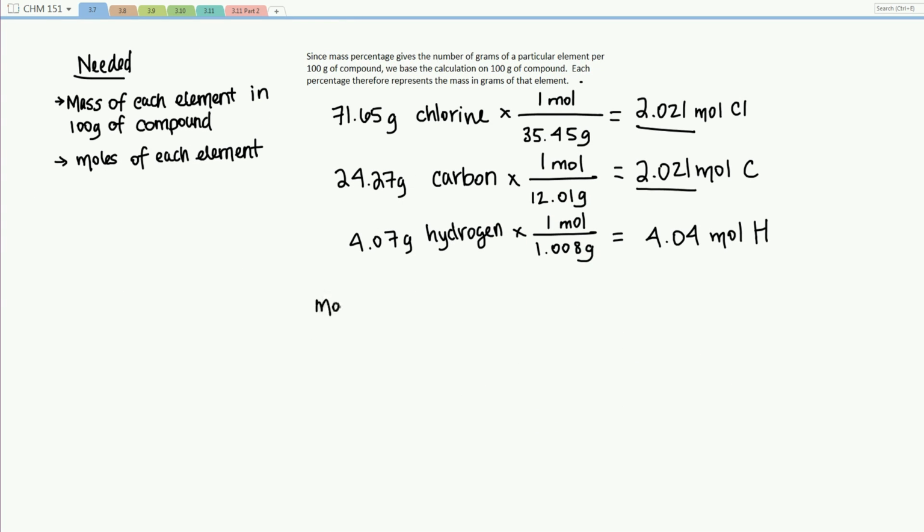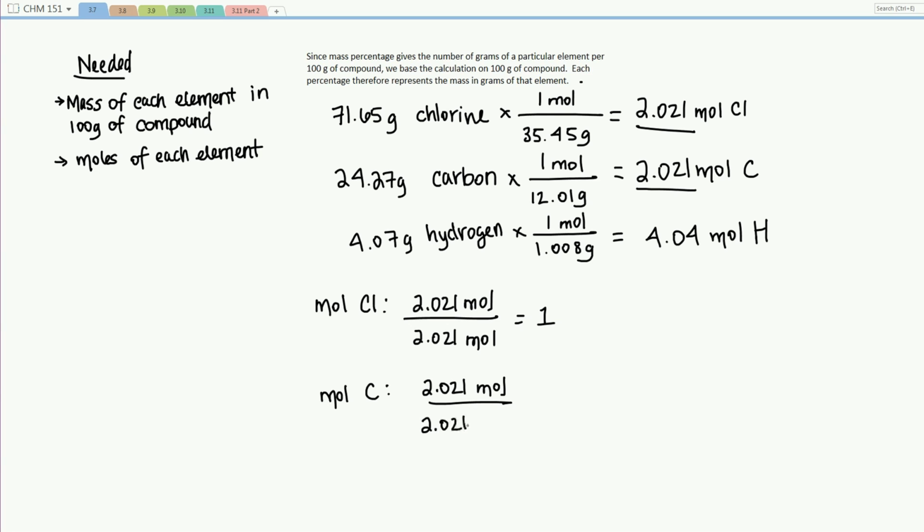So we're starting with our moles. Moles of chlorine, we have 2.021 moles divided by 2.021 moles. That gives us 1. Moles carbon, 2.021 moles divided by 2.021 moles equals 1. So this is just giving our ratios of each element.